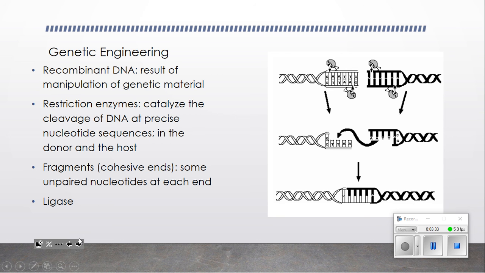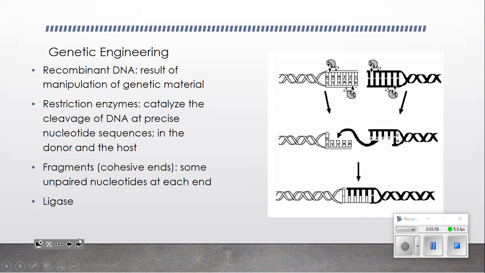Why do we need to do that? Well, we want the piece of DNA that we're taking from the donor and giving to the host to fit perfectly. And so we need to cut the exact same sequence. Now, if we use these restriction enzymes properly, we'll get to picture 2, and we'll have what we call cohesive or sticky ends as our fragments.